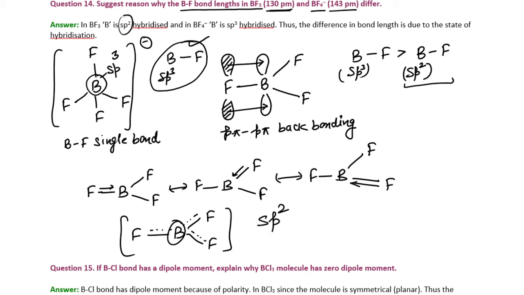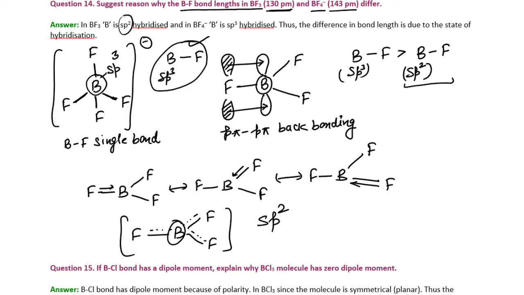And in BF4-, boron is sp3 hybridized and it is a pure single bond. There is no back donation possible. Reason being, in BF4-, boron is no more electron deficient. But in BF3, boron has a vacant p orbital, therefore it is ready to accept an electron pair from the fluorine, right.